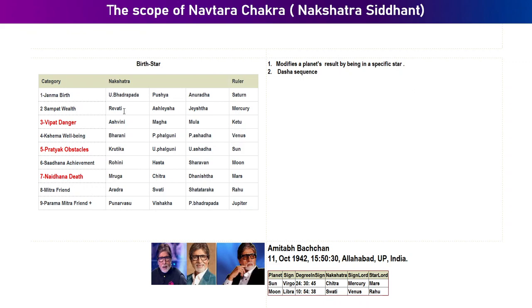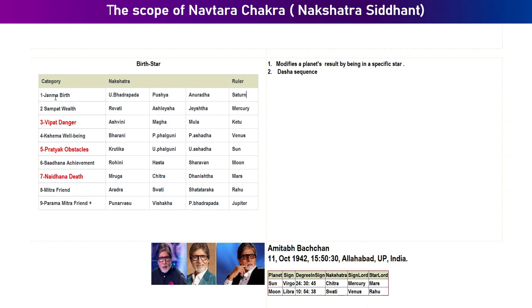All you have to do is look where your moon is, find out the Janma Nakshatra and find out the ruler. And then you can create an order the way it has been shown over here, where Saturn is the Janma Nakshatra, and after that, just as in the order of Vishottari, the rest of the rulers follow. And so Saturn, Mercury, Ketu, Venus, and so on.